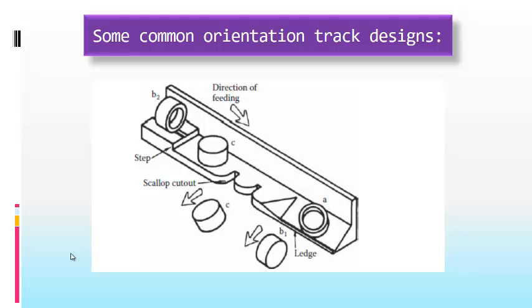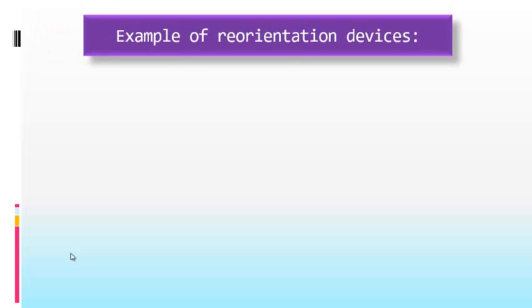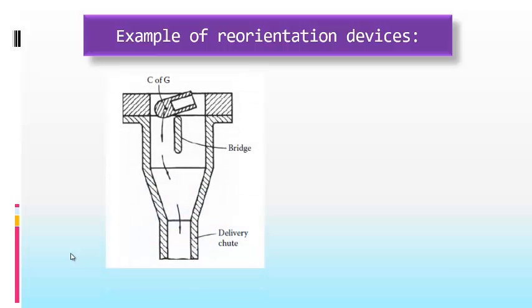Here he used even a step. The step, of course, is an active device which will change the orientation of the part. When the part goes through the step, it will go upside down. Examples of reorientation devices.